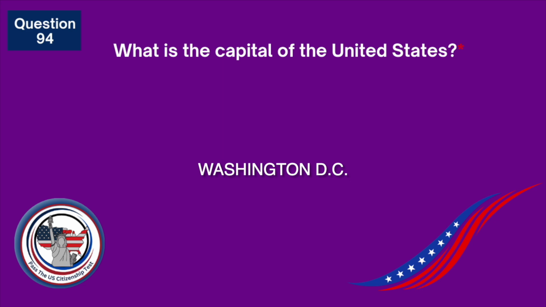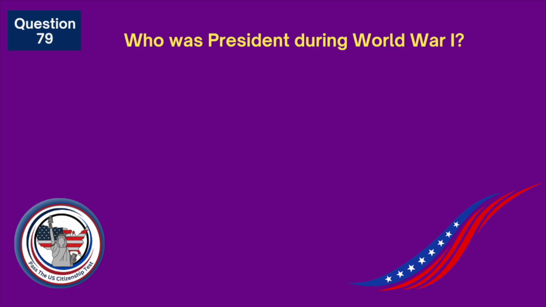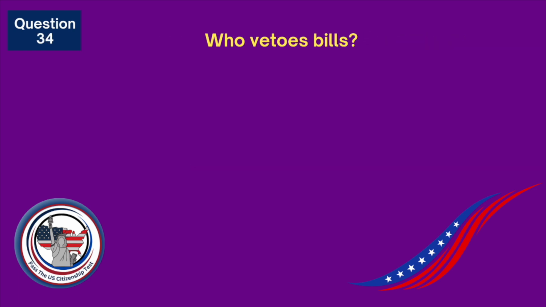Washington, D.C. Who was president during World War I? Woodrow Wilson. Who vetoes bills? The President.